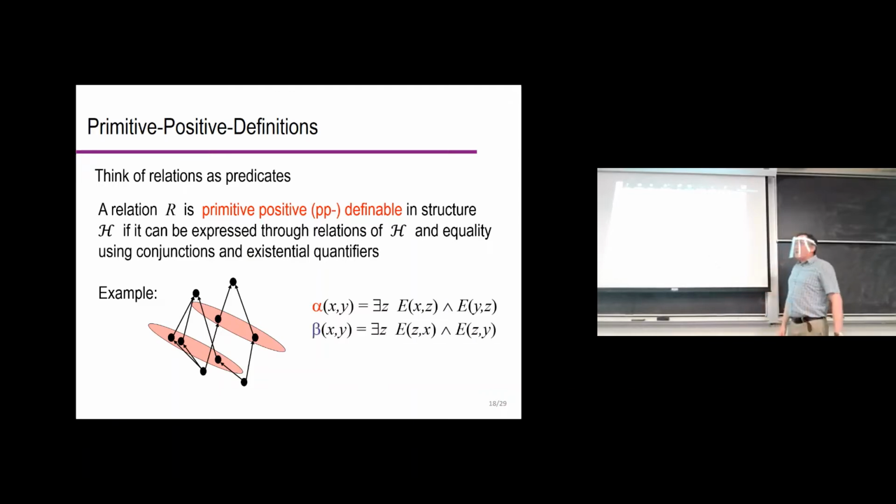Okay, now, I also had another equivalence relation that worked like this. I include all pairs of vertices that have the same in neighbor. There is a Z such that Z is connected to X and Z is connected to Y. So in this case, these two guys have the same in neighbor.